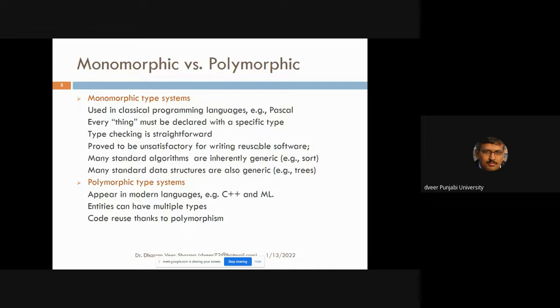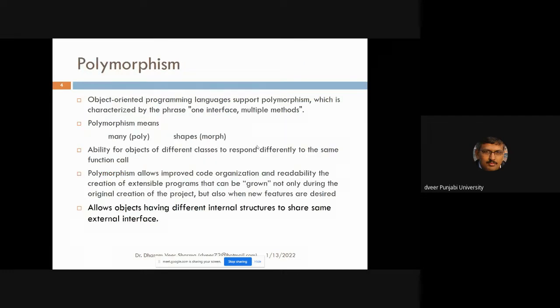So polymorphism basically means many forms. One thing may have multiple forms. Different classes or different functions will respond differently to the same function call. For example, if I want to add two numbers, those two numbers may be integer, float, long, or a mix of integer and float.